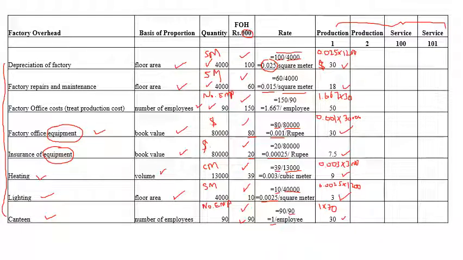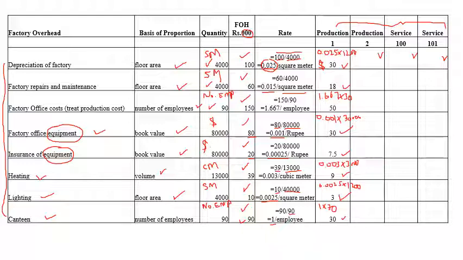These rates would be used to calculate the FH in production department 2, service department 1 and service department 2. Use these rates and multiply by how much floor area, cubic meters, number of employees, book value of equipment are used in different departments.